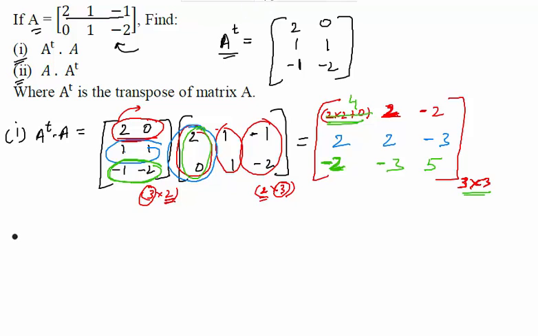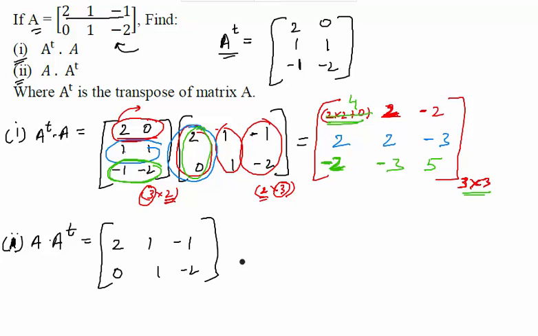Now let us proceed and try to solve the second part. The second part is we have to find A into A transpose, right? So let us just write the reverse of this. A is 2 1 minus 1, 0 1 minus 2. This is A. And what is A transpose?